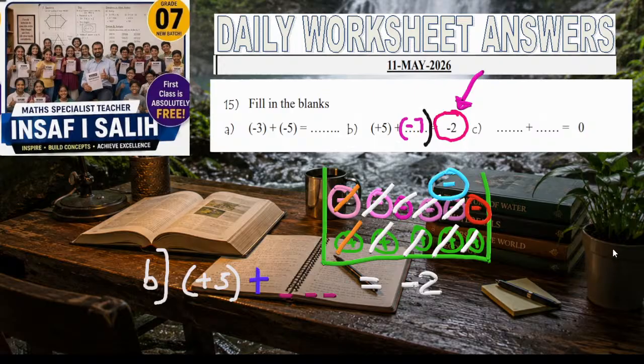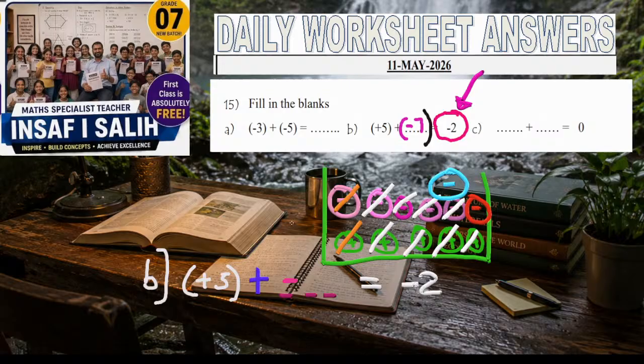Now, definitely this blank can't get anything positive, because if anything positive comes, we are going to end up getting a number bigger than 5. But have we got a number bigger than 5? No, what we have got is 2, and 2 is negative. So definitely what's going to come here is a negative value.